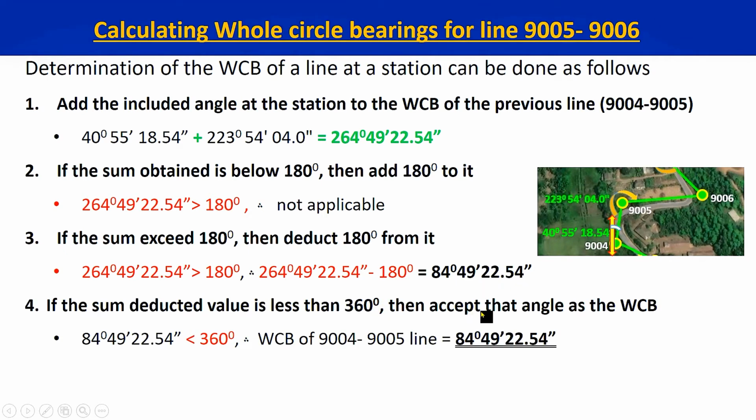If the deducted value is less than 360 degrees, then accept the angle as the WCB. Since it is less than 360, we can accept 84 degrees, 49 minutes and 22.54 seconds as the WCB for the 9005, 9006 line, and we can mark it in the figure like this.